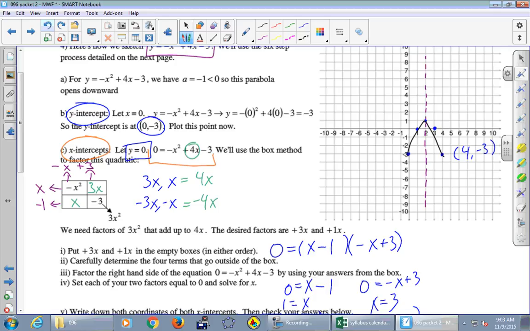And the other thing that I don't want to see is this, which, if I'm being honest, looks pretty darn good to me, but what's the problem? It doesn't go through, right? The parabola doesn't just die at the last points that I plotted. So in the same way that I ask you to draw your lines all the way across the grid, I'm going to ask you to continue your parabolas all the way across the grid, okay?